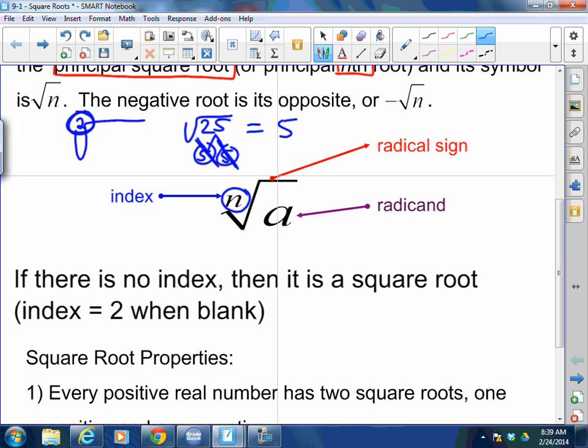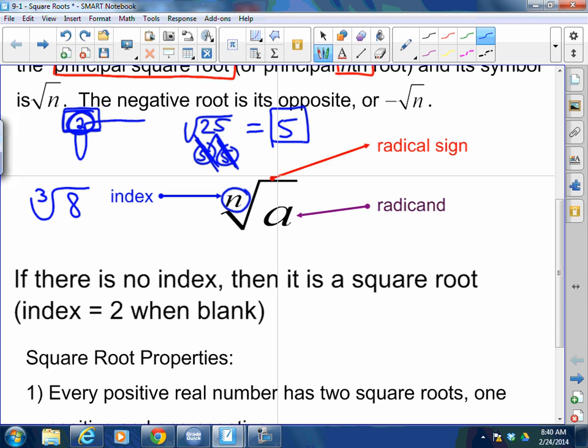In a square root, I'm looking for sets of 2. So every 2 values comes out as 1. I have a 5 and a 5, so it comes out as a 5. So this index lets you know, hey reader, this is how many of a particular number or variable I need to pull 1 out. Are you guys with me? That's the index. And yes, someone had asked, what if the index is 3?